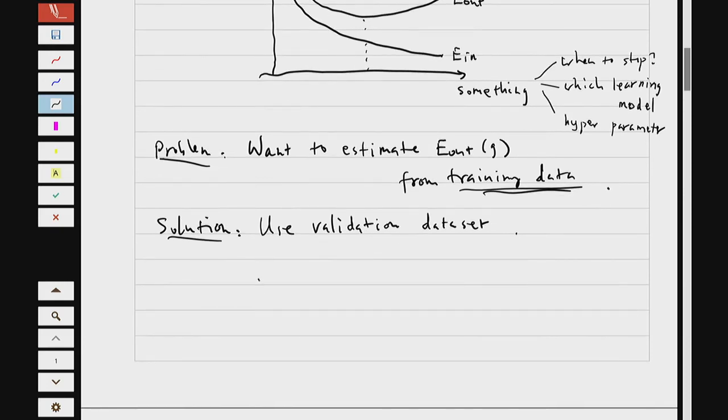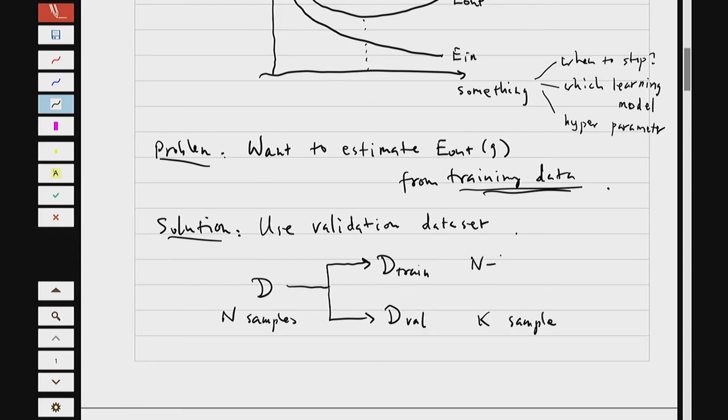So we have this D, we have to split it into D train and D val, for validation. So if you originally have N samples and you want to have K samples for validation, then your training set only has N minus K samples left.